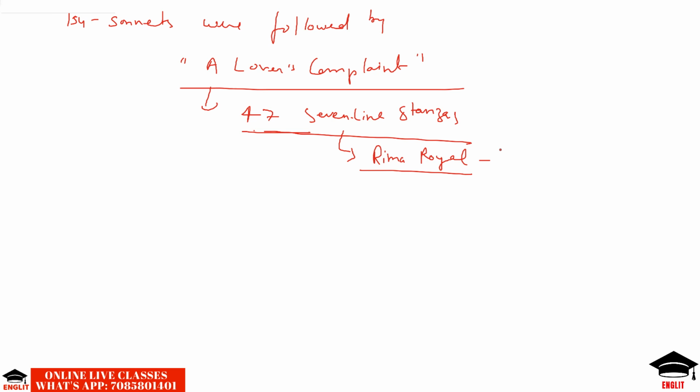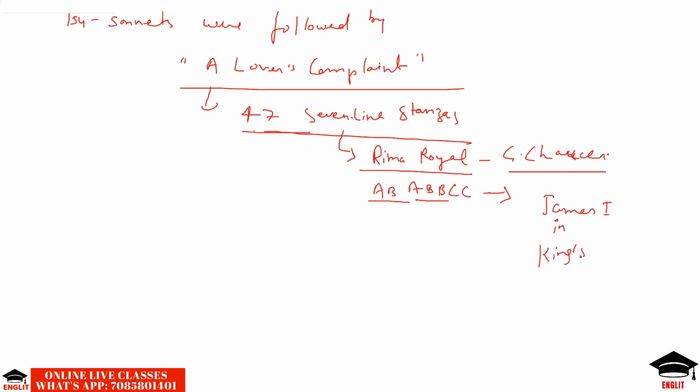Rhyme royal was first introduced by Geoffrey Chaucer. It was a stanza of 7 lines which rhymed A B A B B C C, and it was used by King James I in The Kingis Quair.